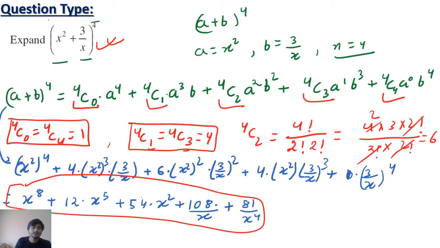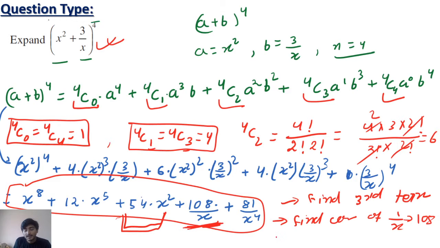You can directly say 54x square. Okay, or they can ask you to find the coefficient of 1 by x, right? So when we talk about the coefficient of 1 by x, 108 by x is the only term we are having with 1 by x, right? So 108 is the coefficient of 1 by x, right?